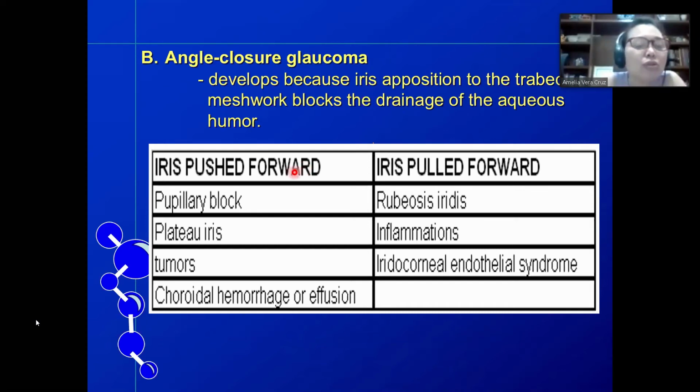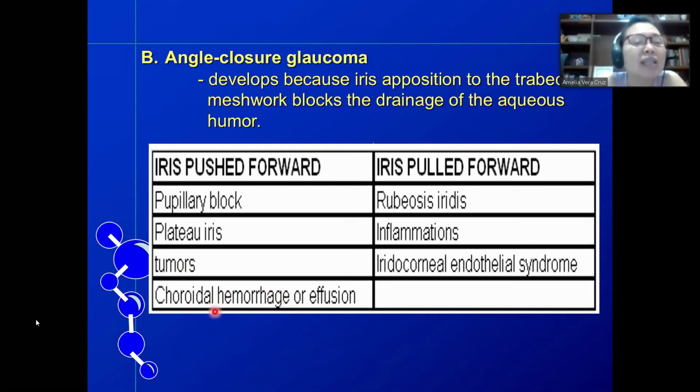Of course, tumors in the posterior, in your vitreous chamber will push the iris forward. Okay? It will push the lens, it will push the iris forward. So it will close the anterior chamber. Choroidal hemorrhage or effusion.